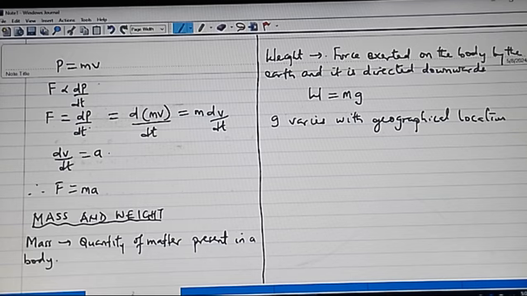As a result of that, a body that has mass 50 kg in a location where the value of g is 9.8, we have a weight of 490 Newton.